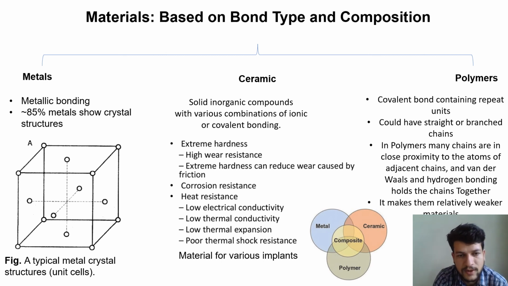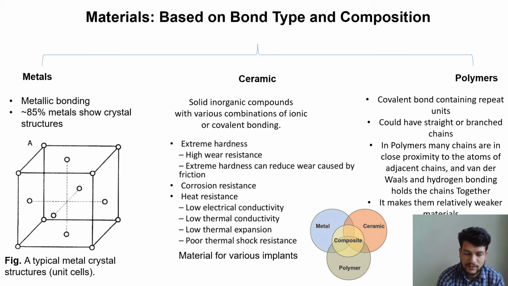These ceramics have different properties from the metals. They are extremely hard. By the way, metals are also hard, but they have some different properties. Ceramics are corrosion resistant, whereas metals usually corrode. They are heat resistant, and they have low electrical and thermal conductivity. They also have thermal shock resistance concerns. So they have very different properties from the metals.